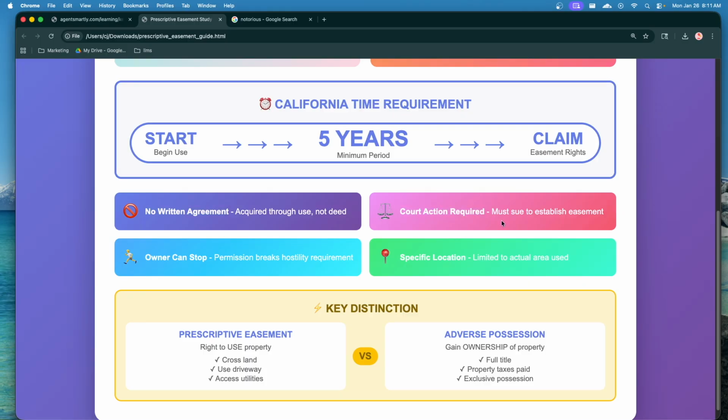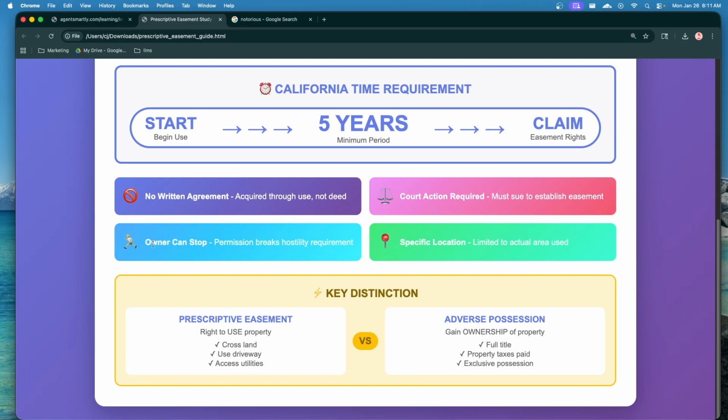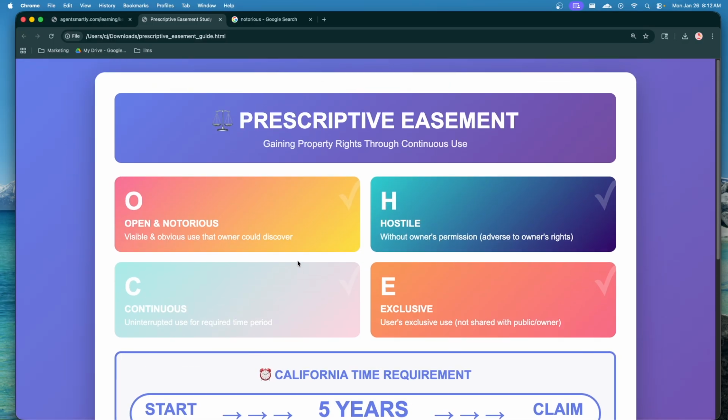The court might give you the right. The owner could stop it during the 5 years, and there are some specific limits to the actual area used. So, I think that will be it.